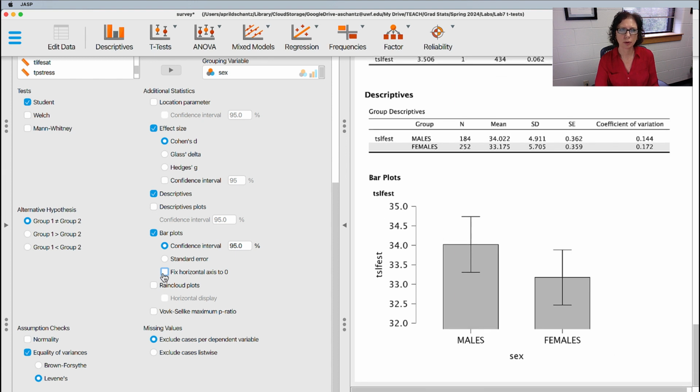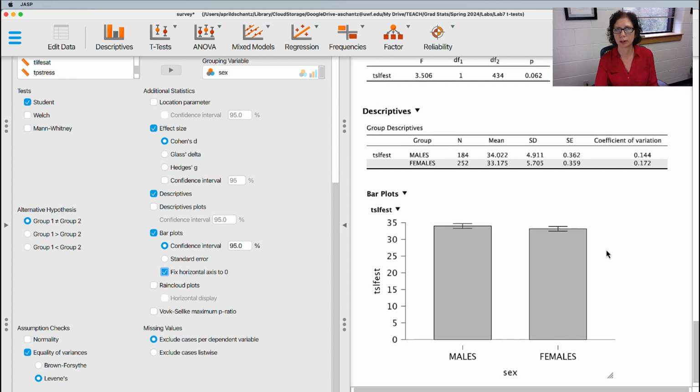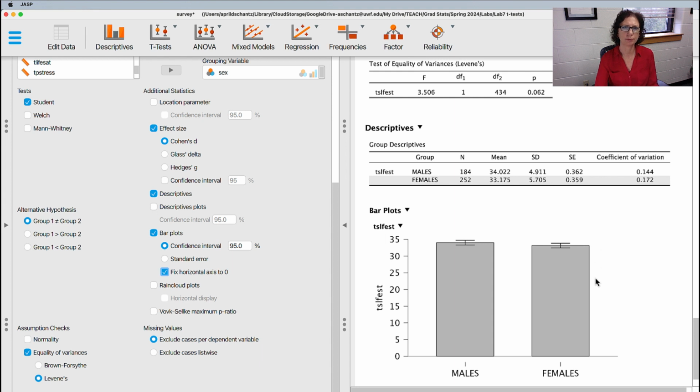So I'd be careful with that. You always want your graphics to be transparent and true. You don't want to mislead someone looking at the graphic to make assumptions or imply that there was a big difference between these groups if there really wasn't. So watch out with that.